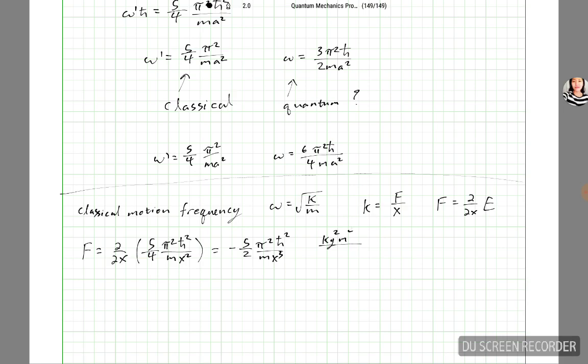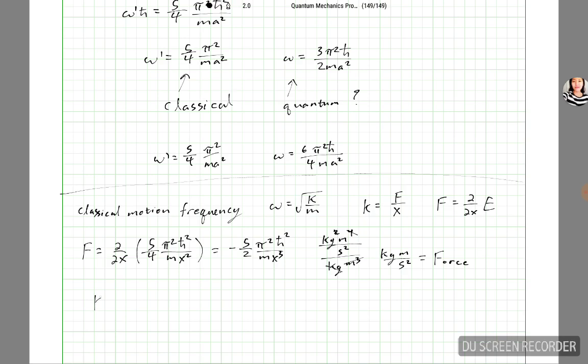Kilograms squared meters to the 4th over seconds squared over kilograms over meters to the 3rd. Cancels one kilogram, cancels 3 meters, so I'm left with kilograms meters over seconds squared, which is force. Good. Math still works. It's encouraging to know.